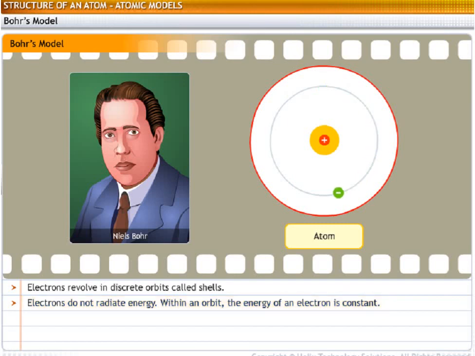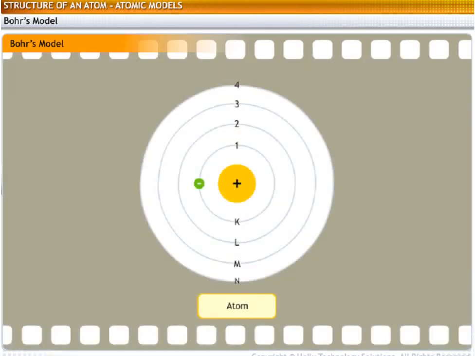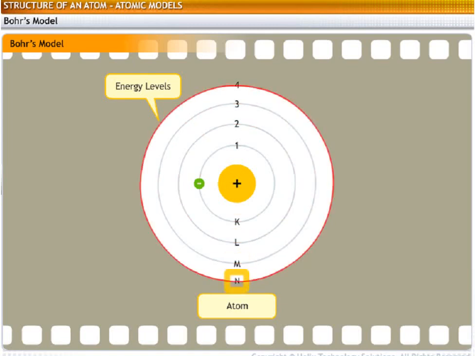This is why orbits are called stationary orbits or stationary shells. Orbits or shells are also known as energy levels. Shells are represented by the letters K, L, M, N, or the numbers 1, 2, 3, 4, and so on, depending on the number of shells in the atom.